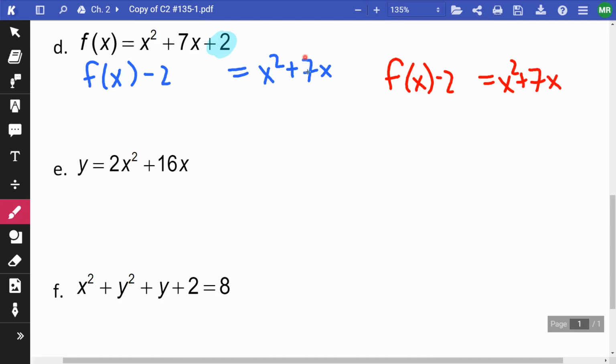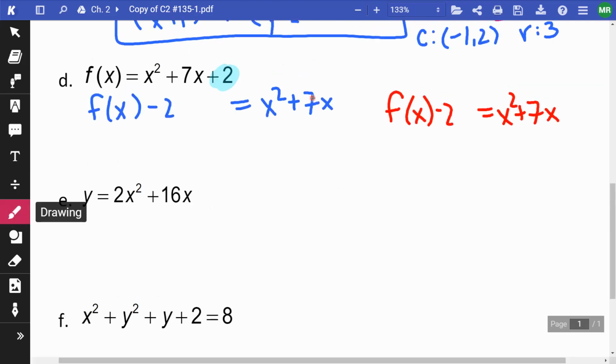So I need to take half of my b. So half of 7 is 3.5. And then I'm going to square 3.5. Okay, so I can do it as a decimal. So again, half of 7 squared. I'm going to write it in two forms.